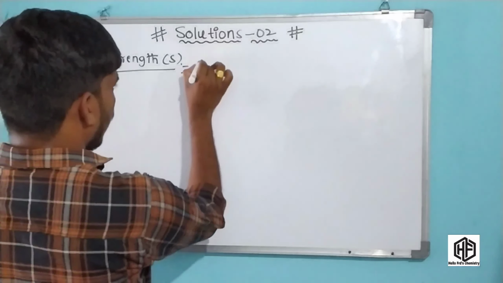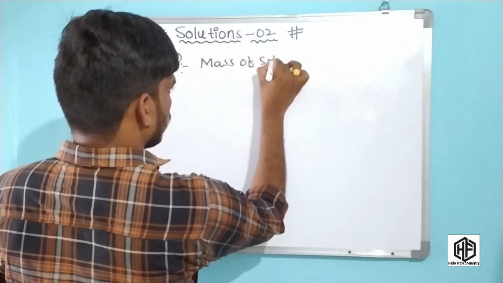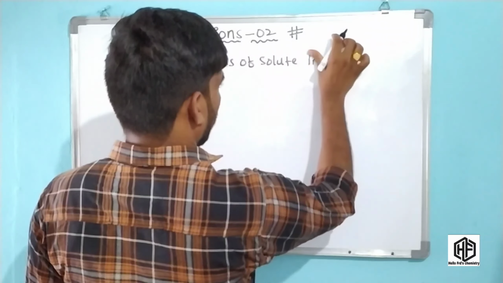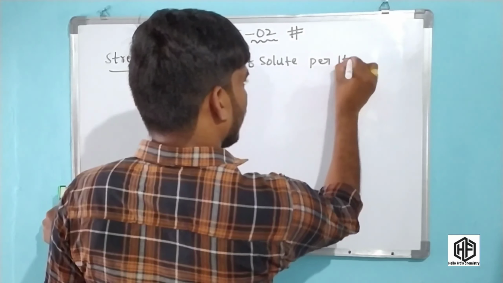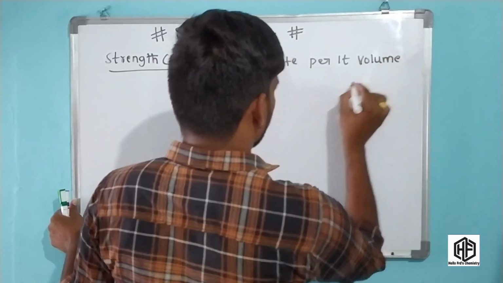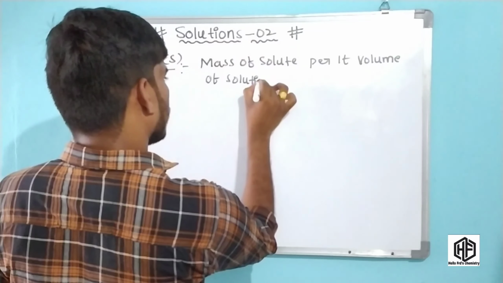Strength is the mass of solute present per 1 liter volume of solution, that is called strength.